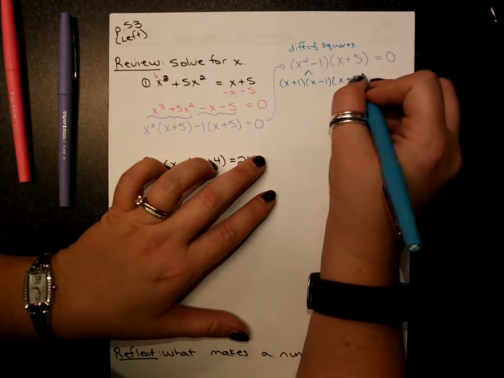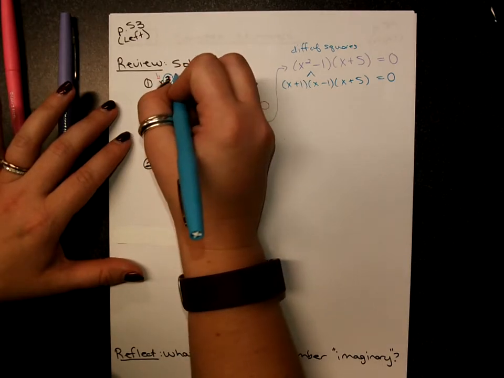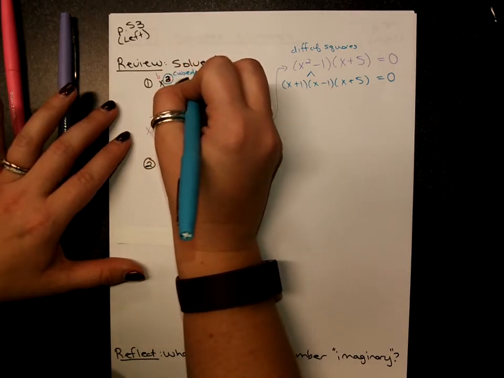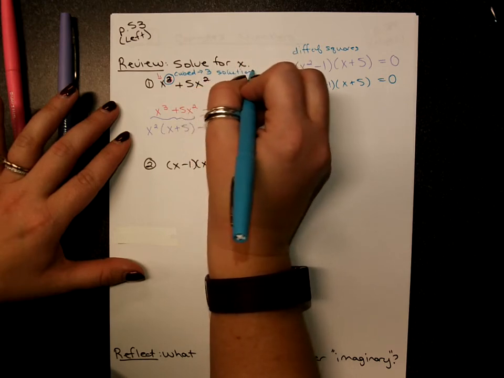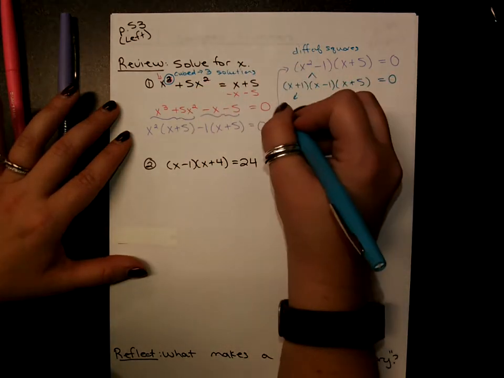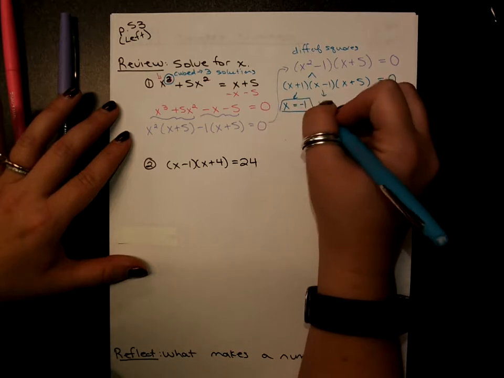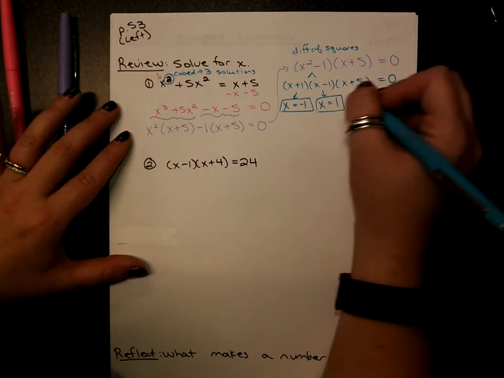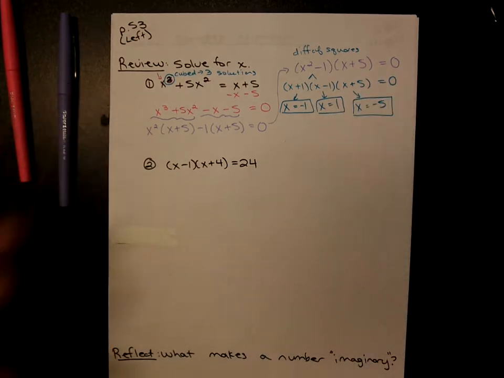And then we still have x plus 5 equals 0. We talked about in class, if you have a cubed function, you're going to have 3 solutions. And so from here, we should get the solution x equals negative 1, x equals positive 1, and x equals negative 5, all 3 solutions.